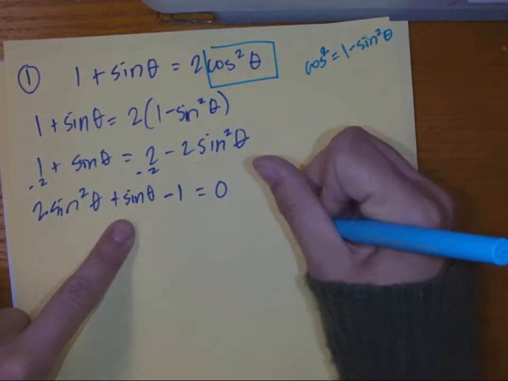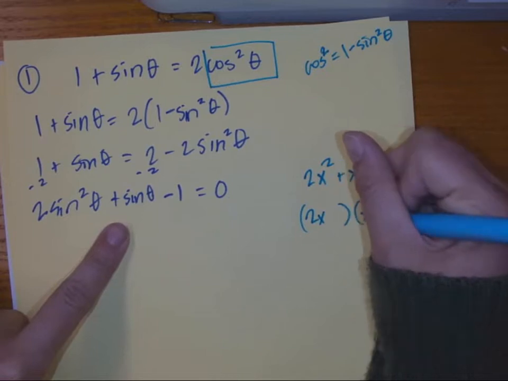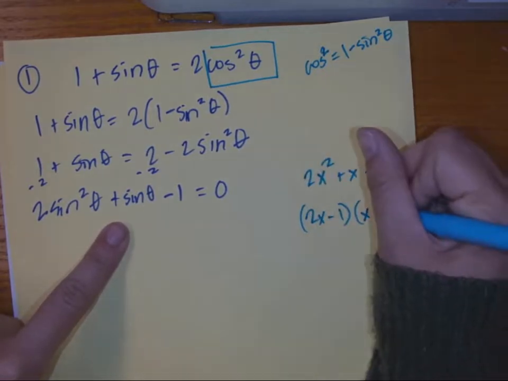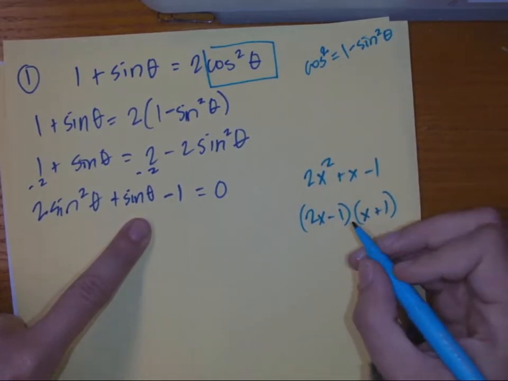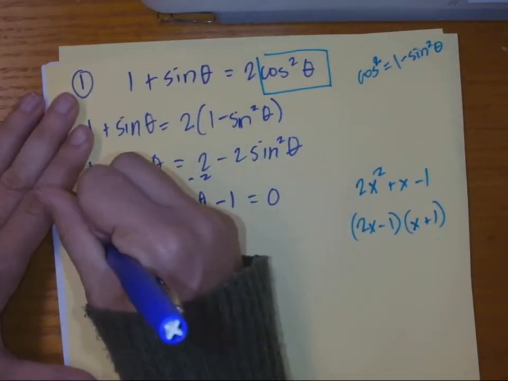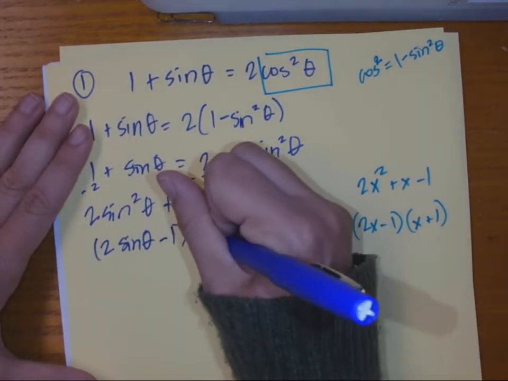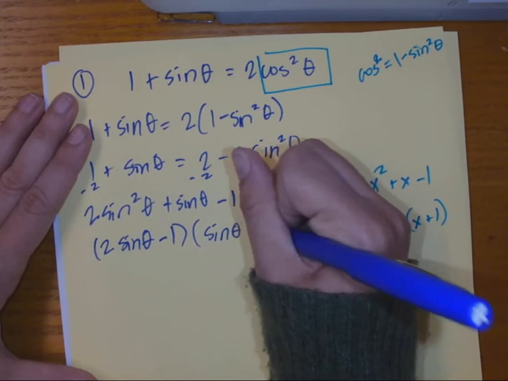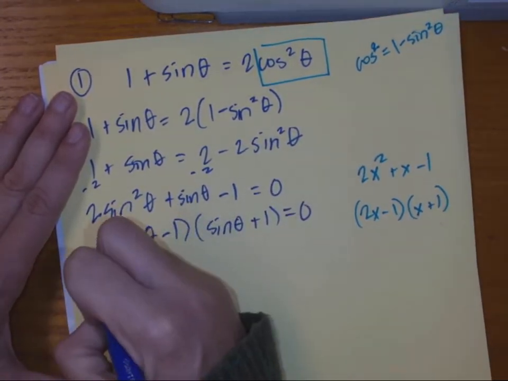When I go to factor that, I get 2x and x, positive 1, positive 2, negative 1. Yeah, that's what it factors into, and then I can set both of them equal to 0. So that means this factors into 2 sine theta minus 1 times sine theta plus 1. Set both of those equal to 0 and solve.